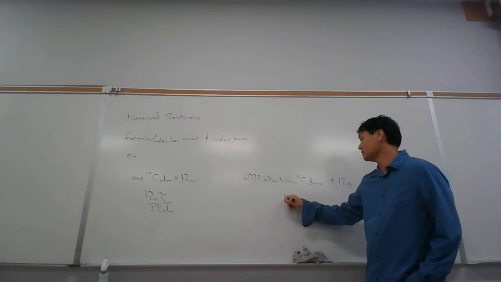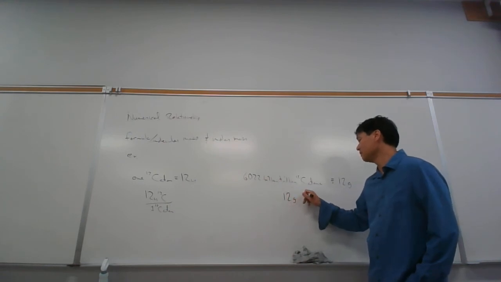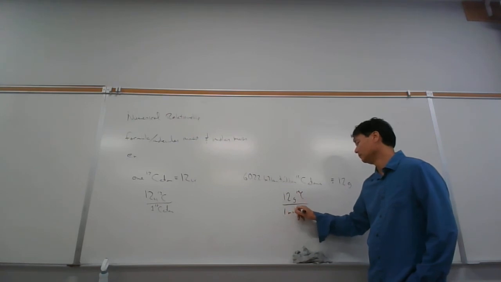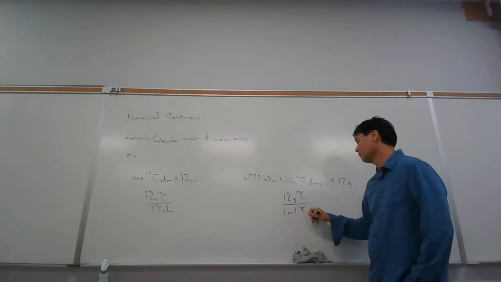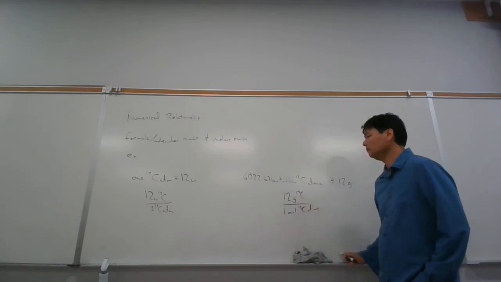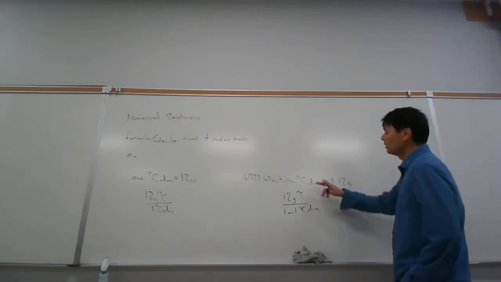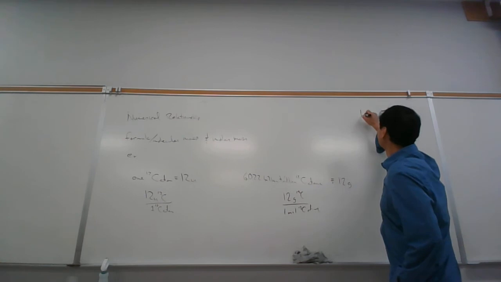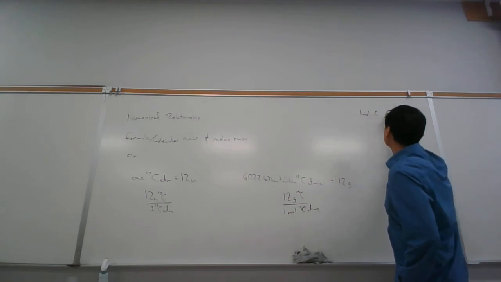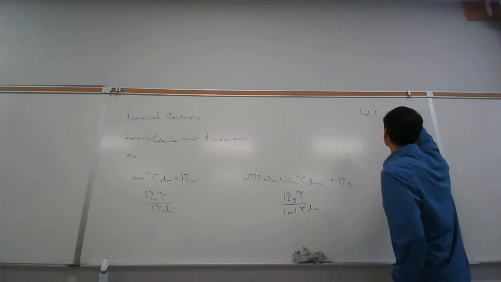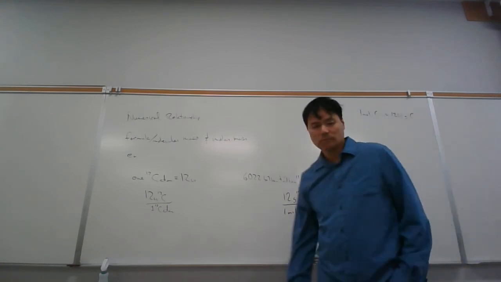And so there's 12 grams of carbon-12 in 1 mole of carbon-12 atoms. Or if we're looking at average carbon atoms, 1 mole of average carbon atoms weighs 12.01 grams of carbon.